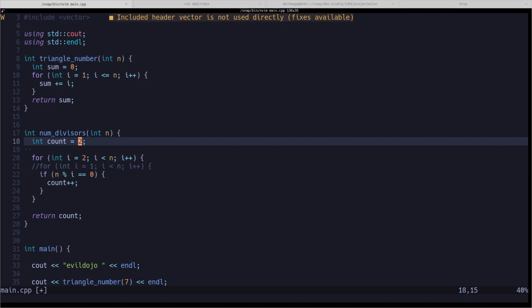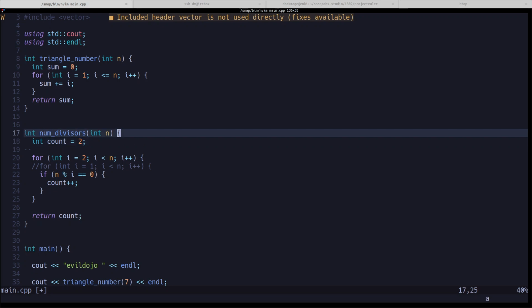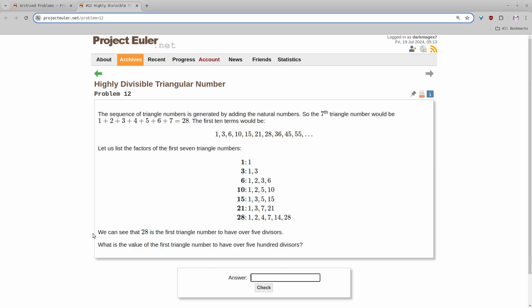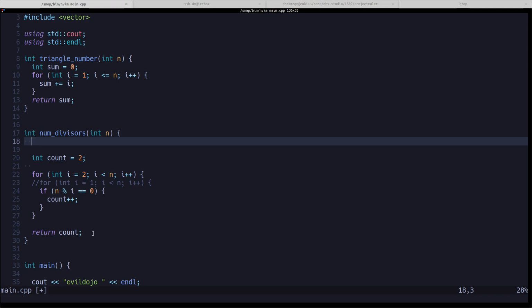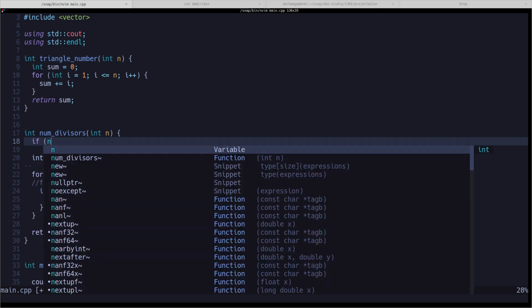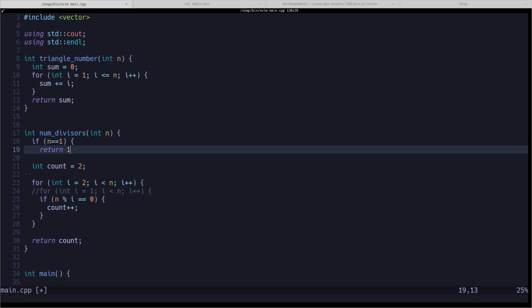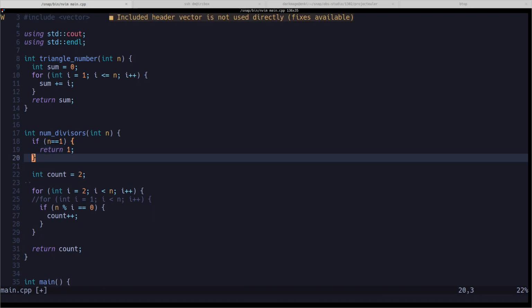So it would always, unless it was 1, then we just return 1.